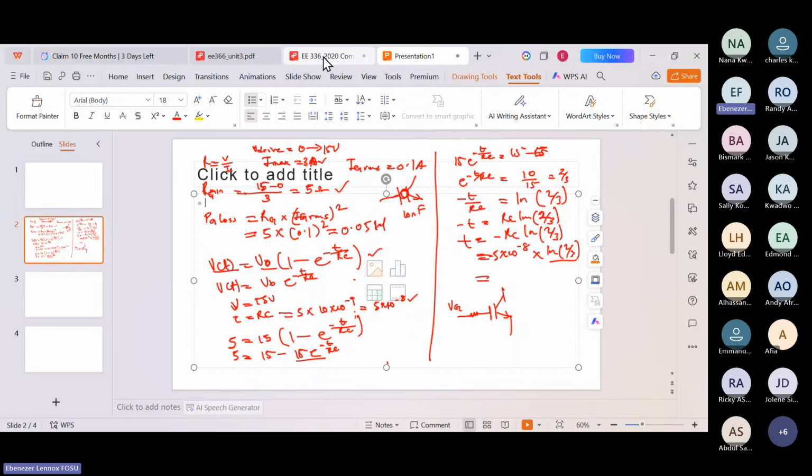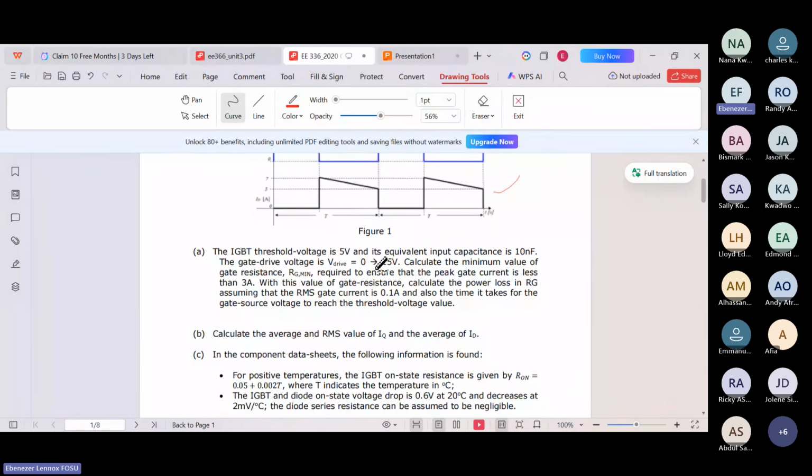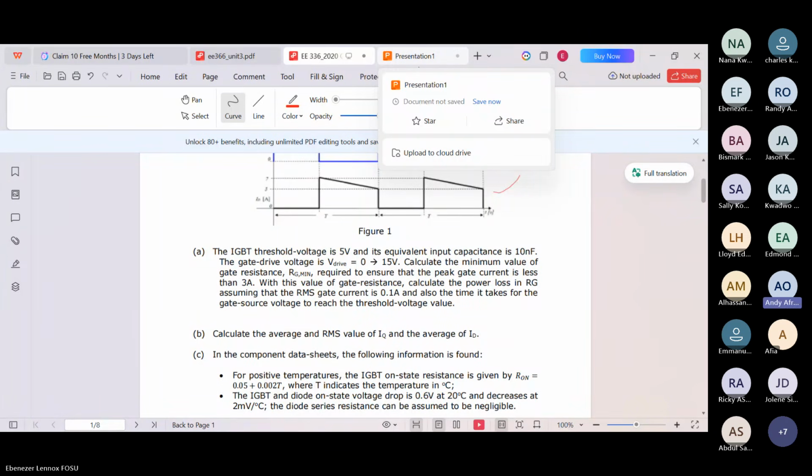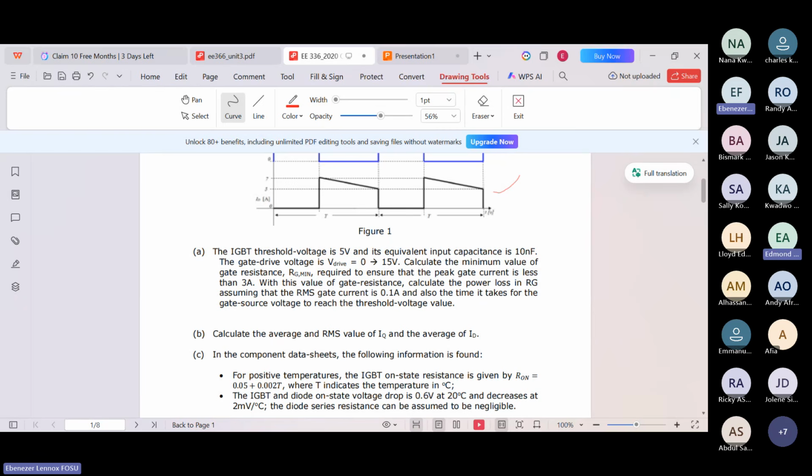Okay, but can you see the question? I want to know if you can see the page I'm showing now. Hello, please, can you hear? I think it is the question, right? Yes. Okay, I can see the question.